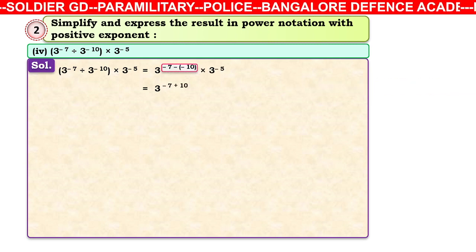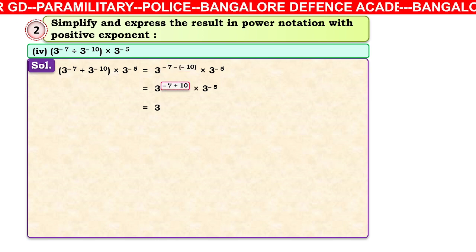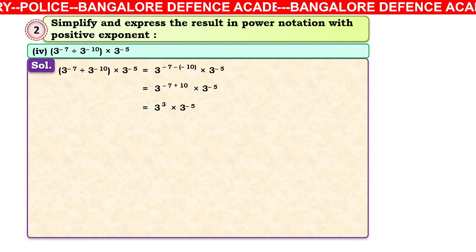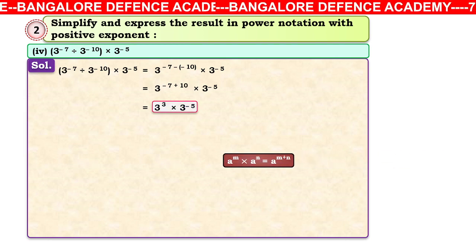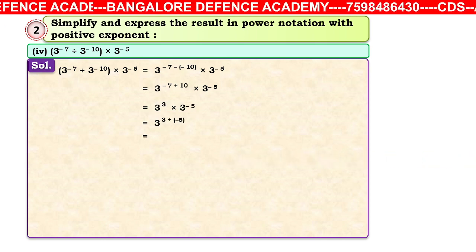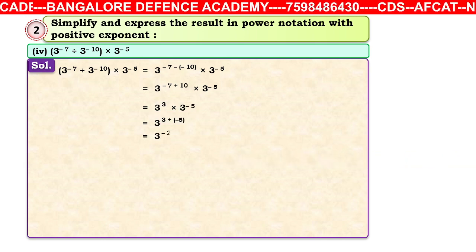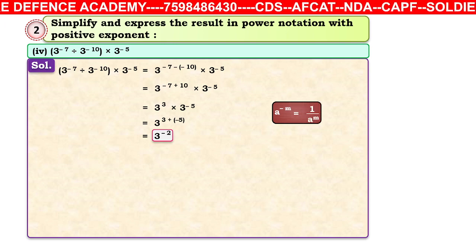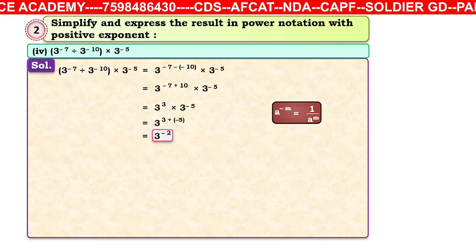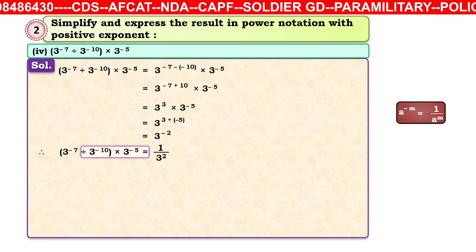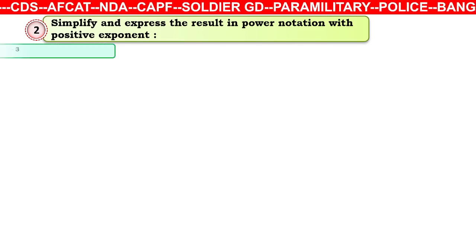Okay, this gives me 3 to the power of 3 into 3 to the power of minus 5. Now I am going to use another property, that is the product property, and I get m plus n, that is 3 minus 5 gives me minus 2. Now I am going to use another property, that is a to the power of minus m. You have to write in positive because the question is demanding write the powers in the positive exponent. So 1 by 3 square. So the answer is 1 by 3 square.